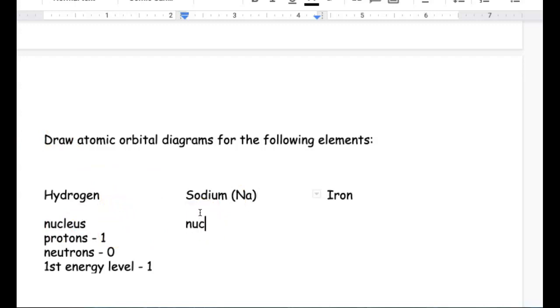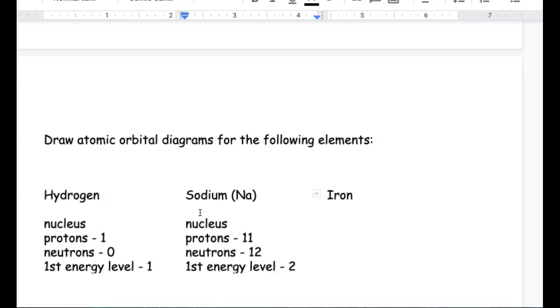Inside the nucleus, the protons, same as the atomic number, is going to be 11. The neutrons, atomic mass minus the atomic number, we're going to take 23 minus 11, that gives me 12. All right, the first energy level, there's going to be 2.